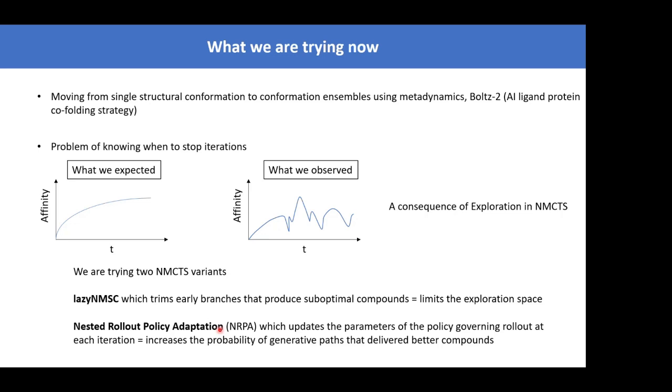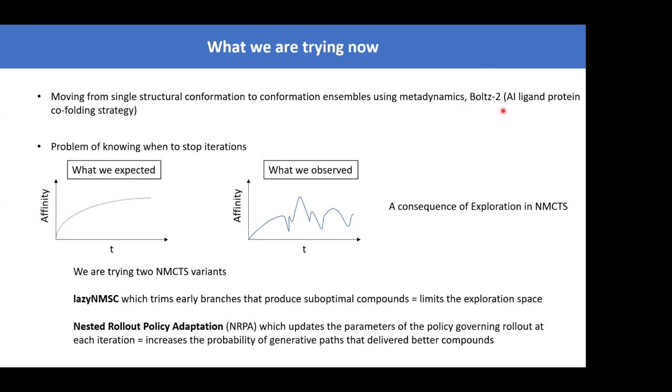And some of these transition positions are actually better for the binding of some molecules than others. So we're trying to implement that by using molecular dynamics instead of a single crystal structure, which gives us an ensemble of about 15 transitional states on which we're going to do the docking instead of doing it onto a single state. And hopefully this is going to improve the performance of the algorithm further.